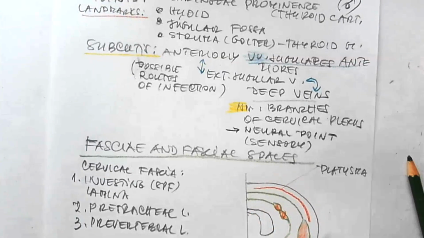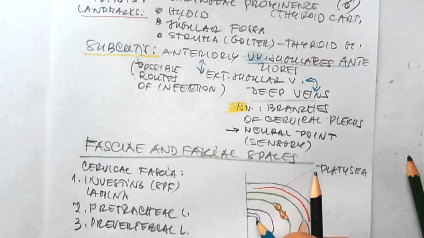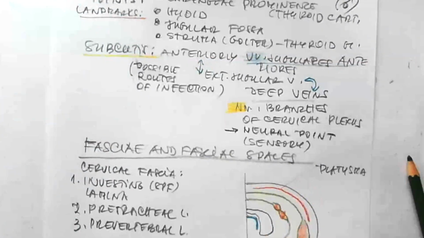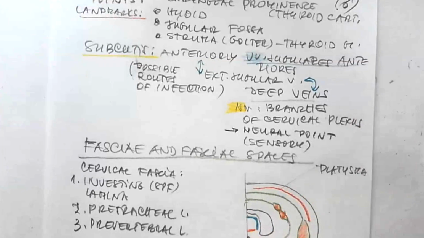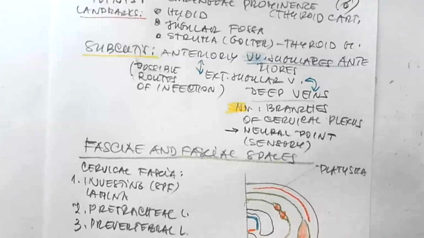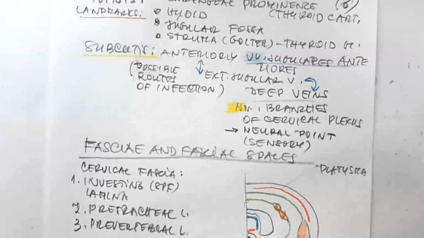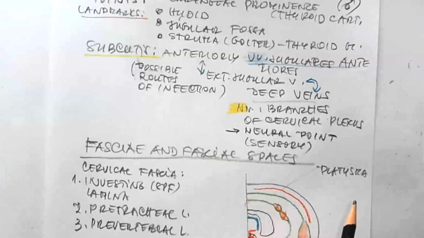Then the trachea, using blue for the trachea, anteriorly, yes. Posteriorly, there is the muscular wall, and then part of the esophagus, the dark one, which could be colored by a different color.